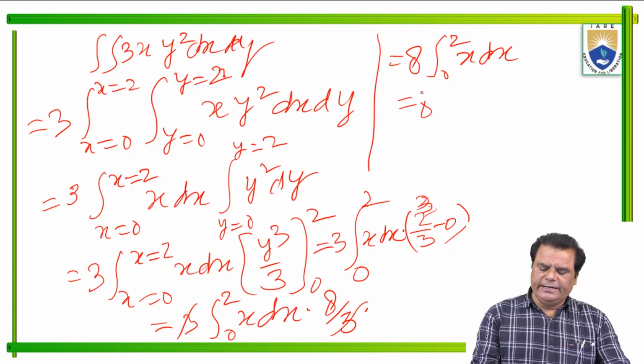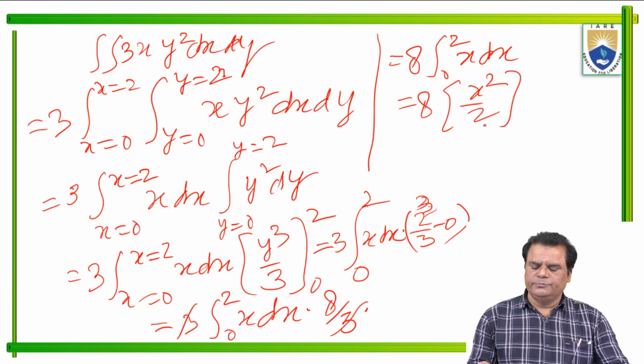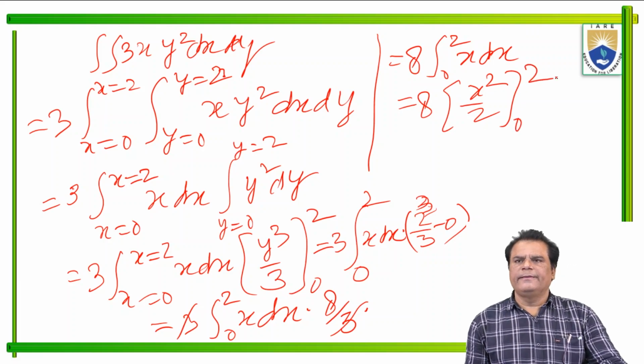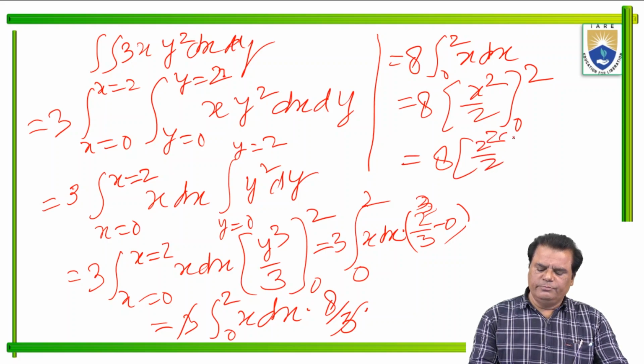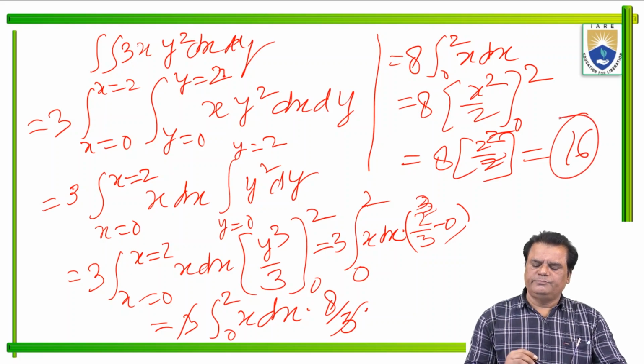Now 8 is common, and the integration of x is x square by 2, from 0 to 2. So 8 into 2 square by 2, 2 is cancelled, so here is 16.